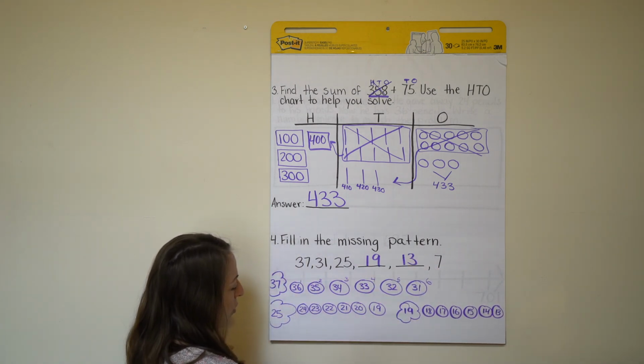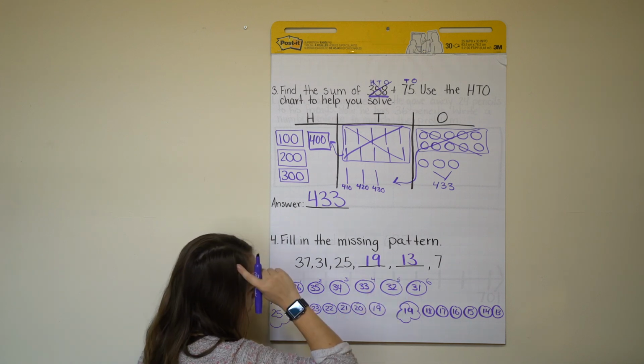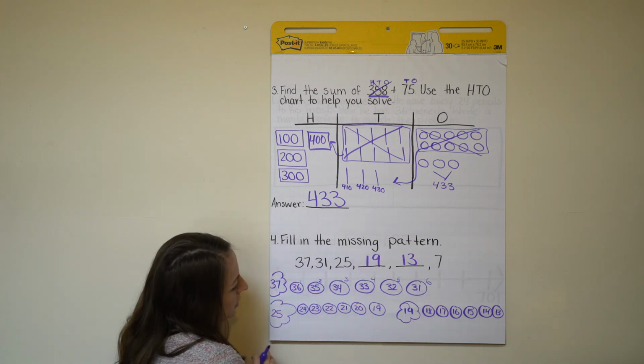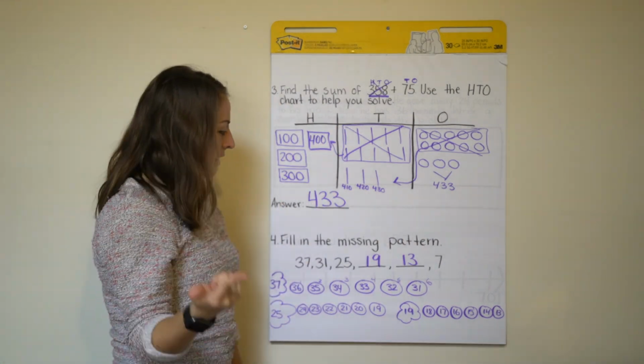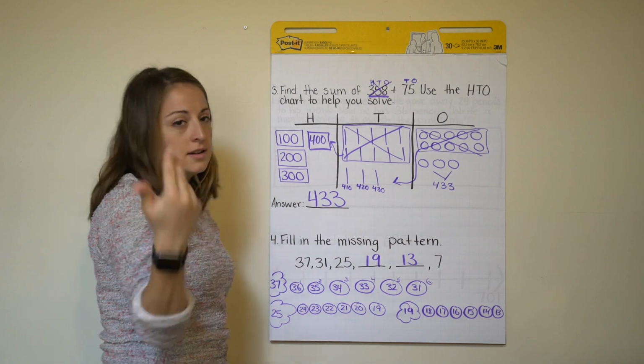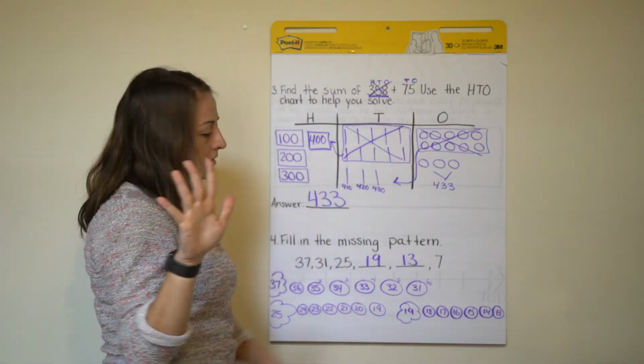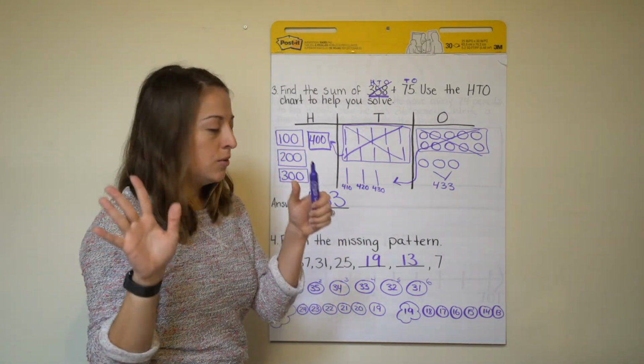Now to make sure I'm correct, I'm going to start and put 13 in my brain and see if I get to 7. So 13, 12, 11, 10, 9, 8, 7. Okay, so we knew we were doing that right.